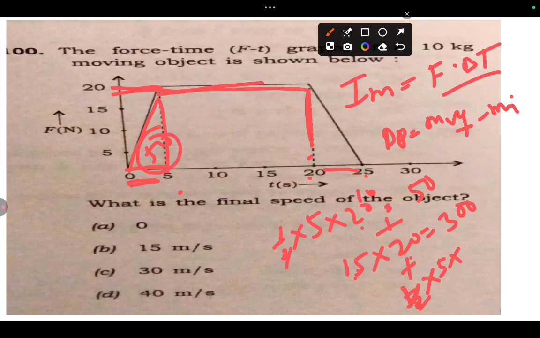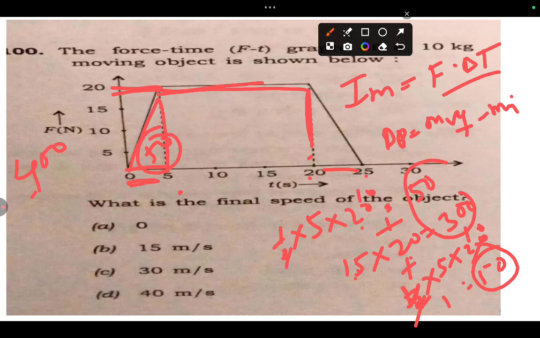Half base times height, 1 by 2 into 5 into 20, is 50. So 350 plus 50, how much? 400. This is the given area.